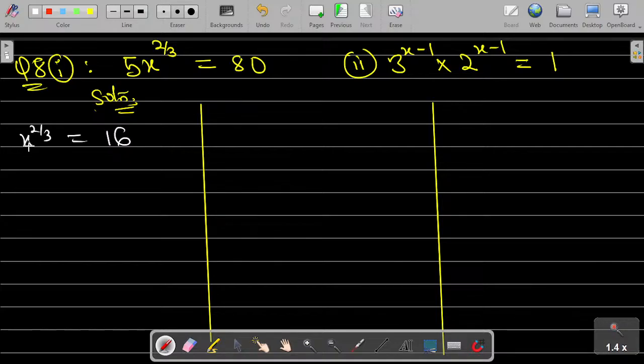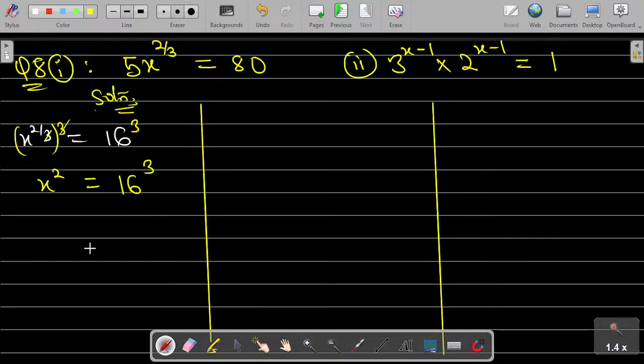Here we have 2 over 3 as the power, so we can clear that power by raising it to the power of 3, so that it cancels. But in maths, whatever you do to this side, you also do here. So we'll have x raised to the power of 2 equal to 16 raised to the power of 3.